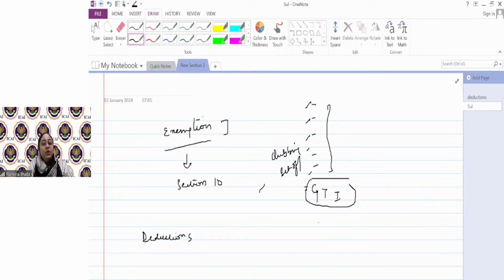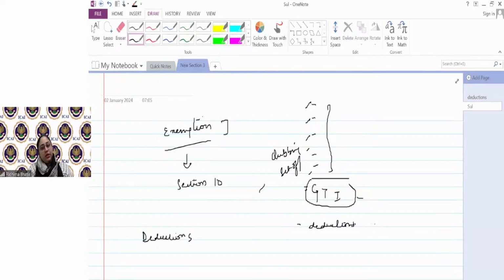Once it is included in your gross total income, then you give deductions in general from your gross total income. So, exemptions basically have an impact while computing gross total income, and deductions are something which you do, or the step comes after you have computed your GTI, which is your gross total income.